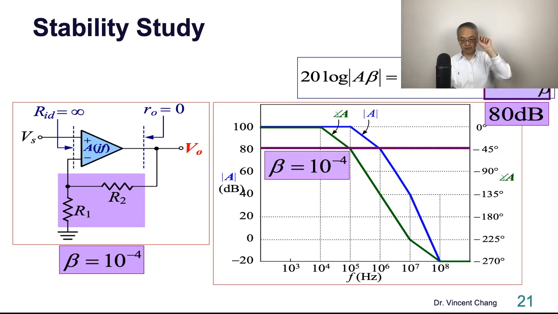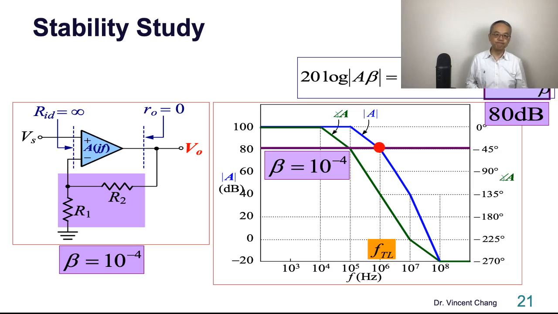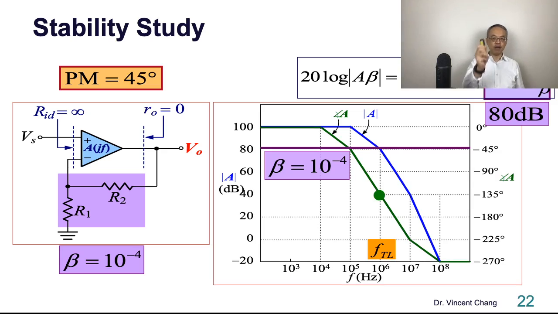Just look at the intersecting point, which tells you the frequency FTL. Again, it's the unity gain frequency for loop gain. And at this frequency, the corresponding phase is 135. So stable with 45 degree phase margin.